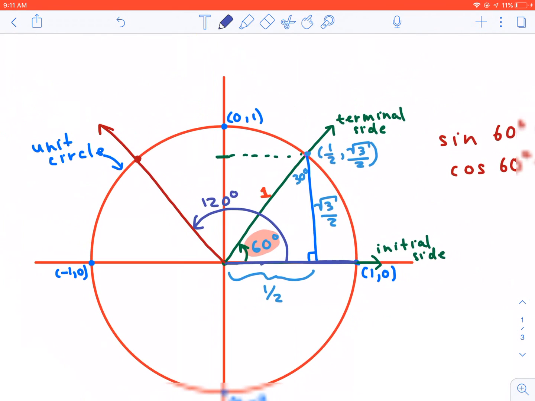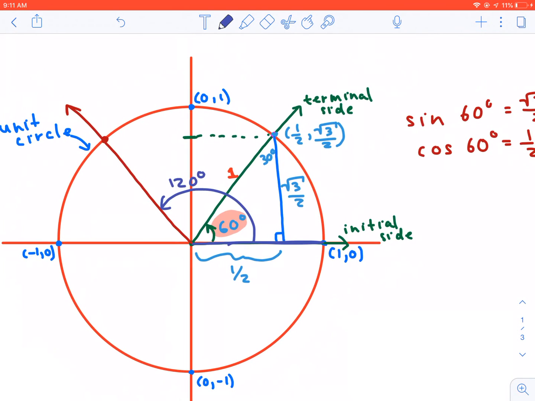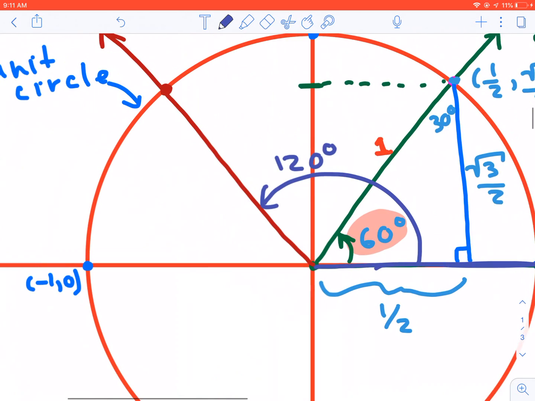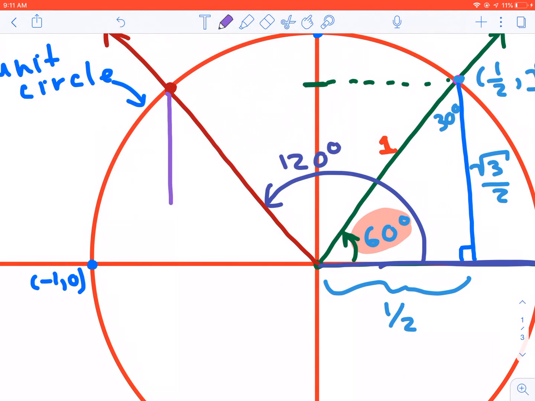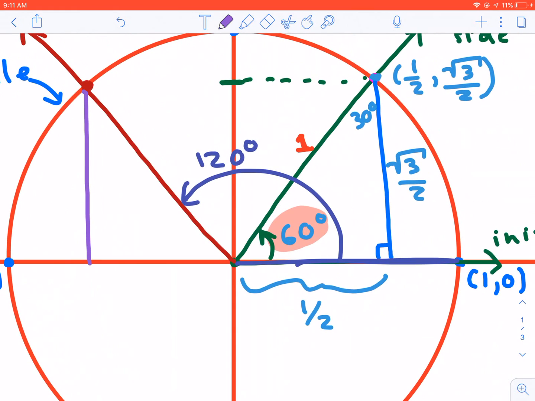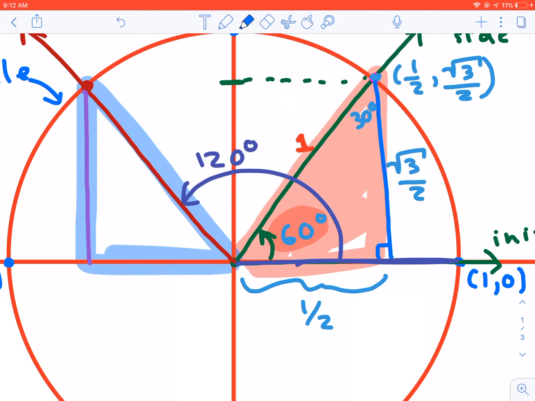Well, let's figure out what sine and cosine of 120 degrees are. So the way we're going to draw this triangle is I'm going to drop down this height, and I'm hoping you realize that this triangle and this triangle are congruent triangles.